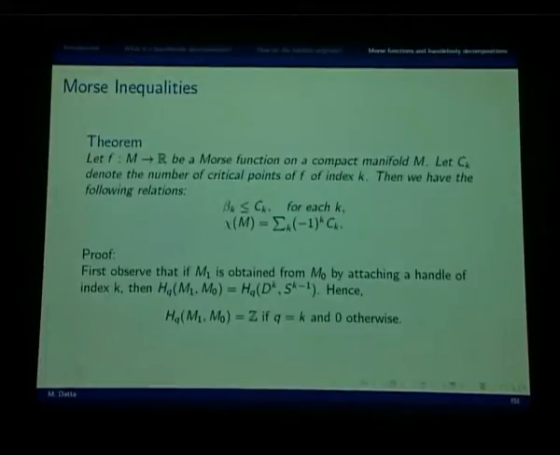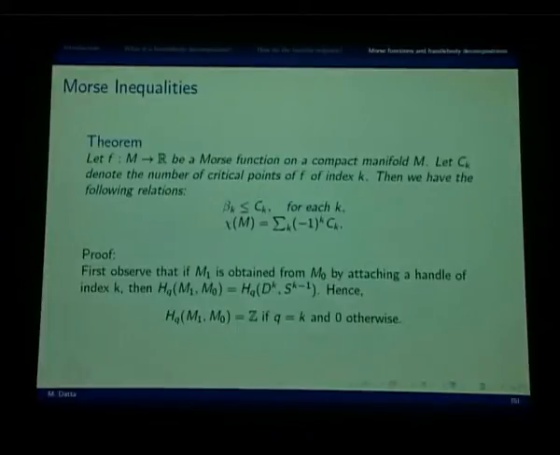When you are quotienting out M0, you are actually quotienting out S^(k-1) in Dk, because your handle was Dk cross D^(n-k), and you are attaching along the boundary, that means S^(k-1) cross D^(n-k). So S^(k-1) has already been embedded in M0. When you are collapsing M0, those copies of S^(k-1) are getting collapsed. So basically you are left with HQ(M1, M0) equal to HQ(Dk, S^(k-1)).